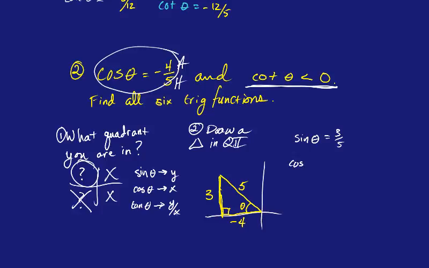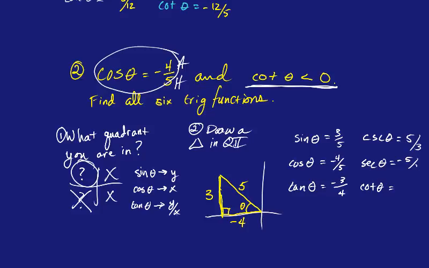We already know the cosine of theta, which is negative 4/5. Tangent of theta is negative 3/4. And we'll flip those to get the cosecant, secant, and cotangent: 5/3, negative 5/4, and negative 4/3.